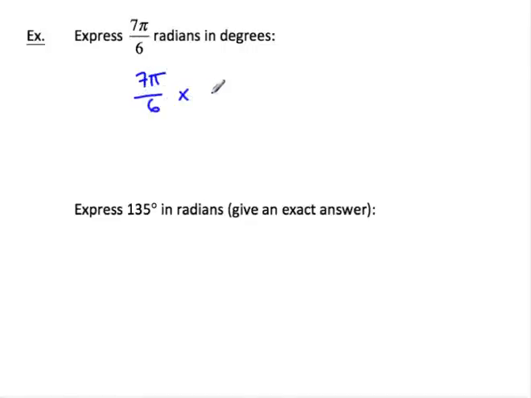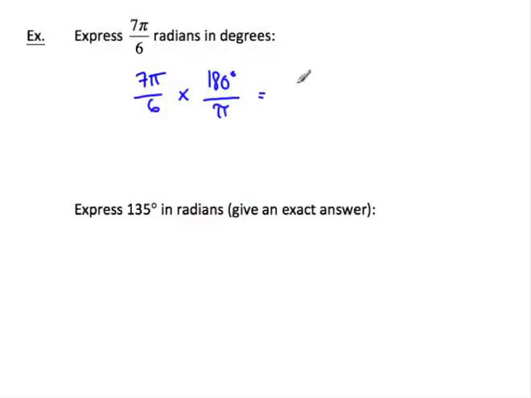We need to multiply by either pi over 180 or 180 over pi, each of which is equivalent to 1, to change the units. And because we want to go from radians to degrees, we need to have the 180 degrees in the numerator. This is a lot like the kind of conversions that you might do in chemistry when you're getting things from grams to moles or vice versa.